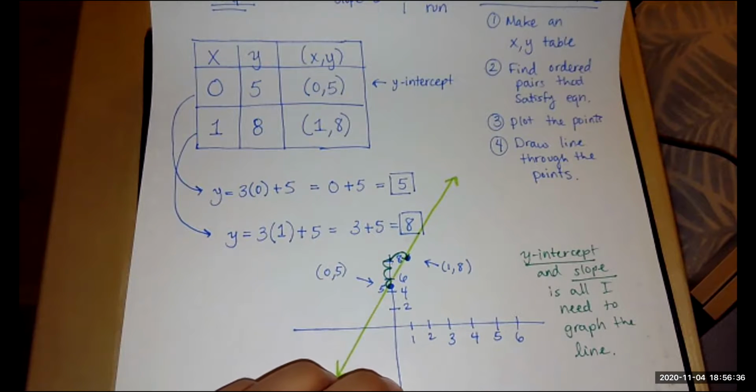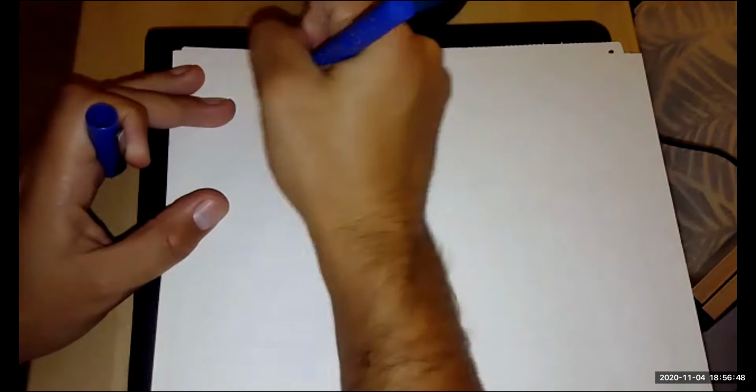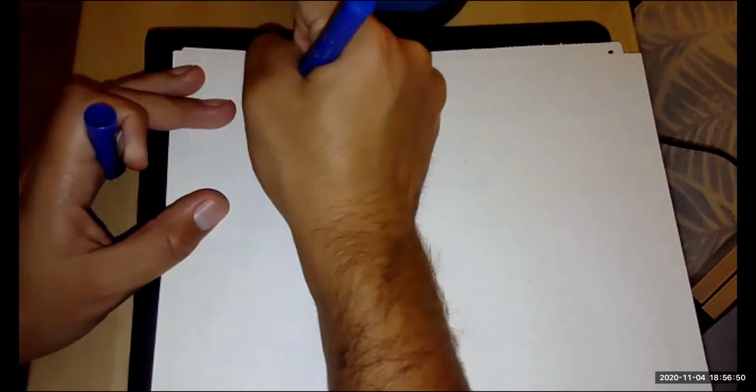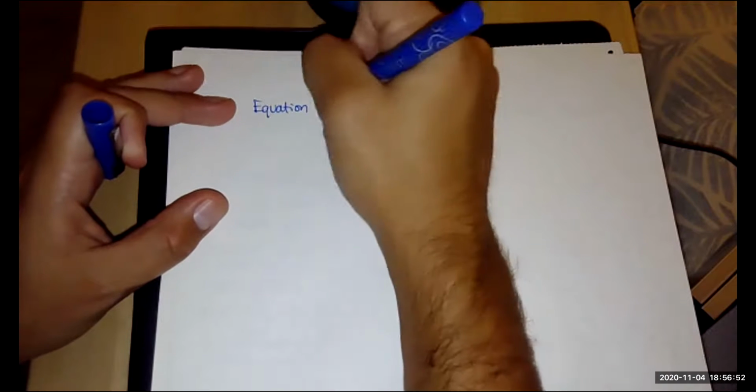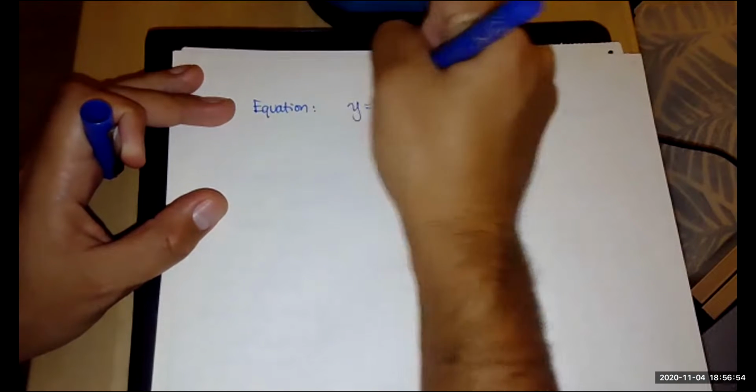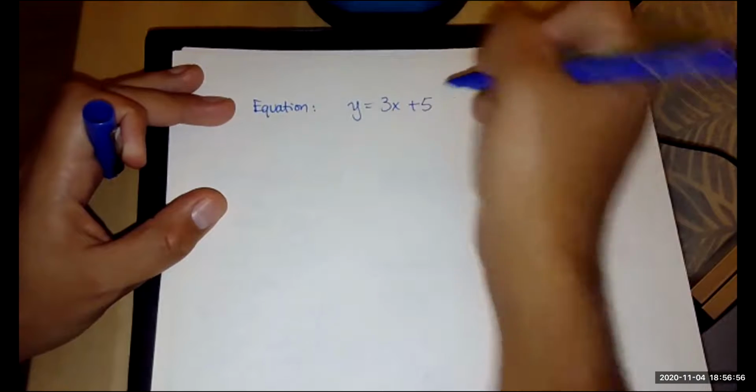Okay, so let's take a look at what that would look like. Using this same example, we're given the equation y equals 3x plus 5.